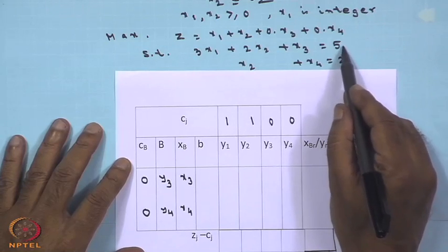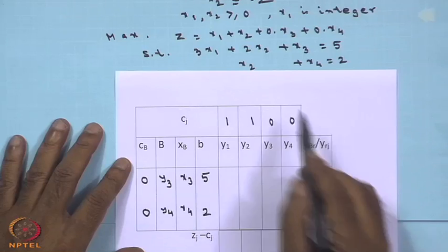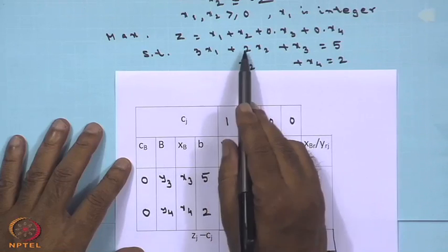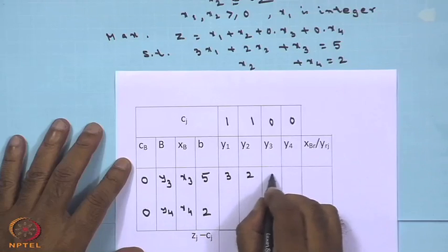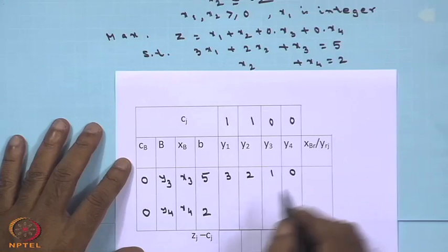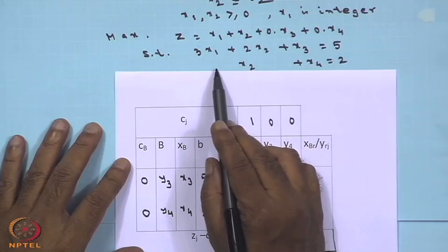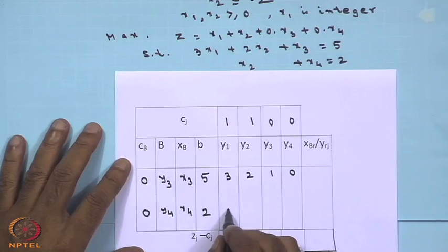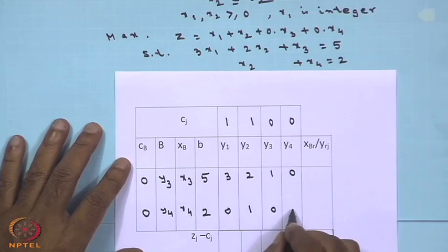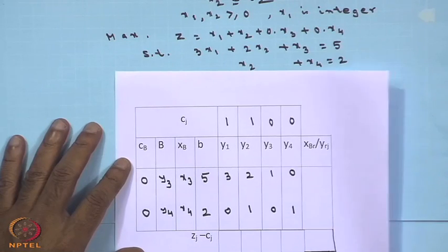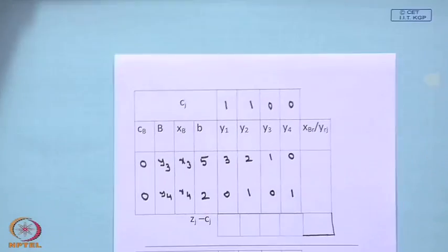B values for these variables are 5 and 2 respectively. Now, write down the rows, that is 3, 2, 1 and 0. The next one, you have only x 2 and x 4, so x 1 and x 3 coefficients are 0, and x 2 and x 4 corresponding coefficients are 1. So, from the problem we are forming the first simplex table.